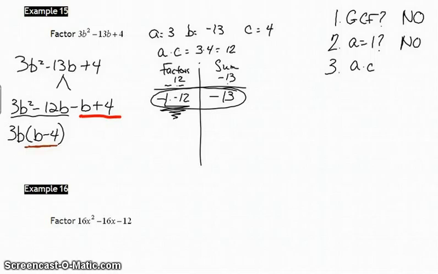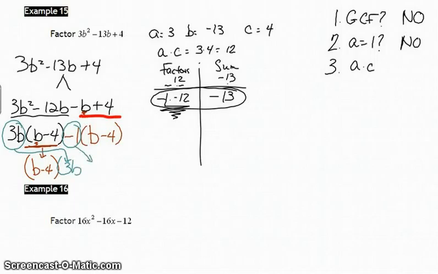So in order to get a lead of a positive b, I'm going to factor out negative 1, and then I'm left with b minus 4. My binomials are the common binomial and then the greatest common factors that we just factored out. I drop them into place.